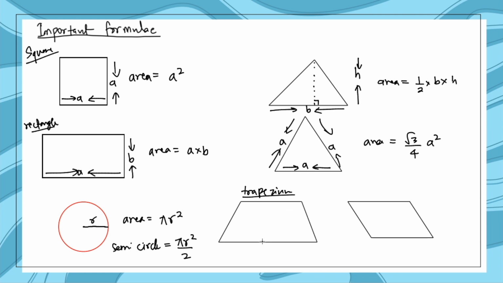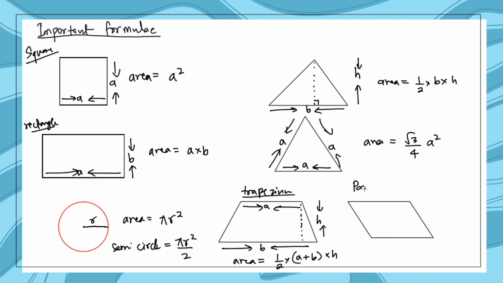So let's say this parallel side is b units and this parallel side is a units, and you know the distance between them, that is the height, in that case the area of the trapezium will be given as half the sum of the parallel sides, that means (a plus b) into height.